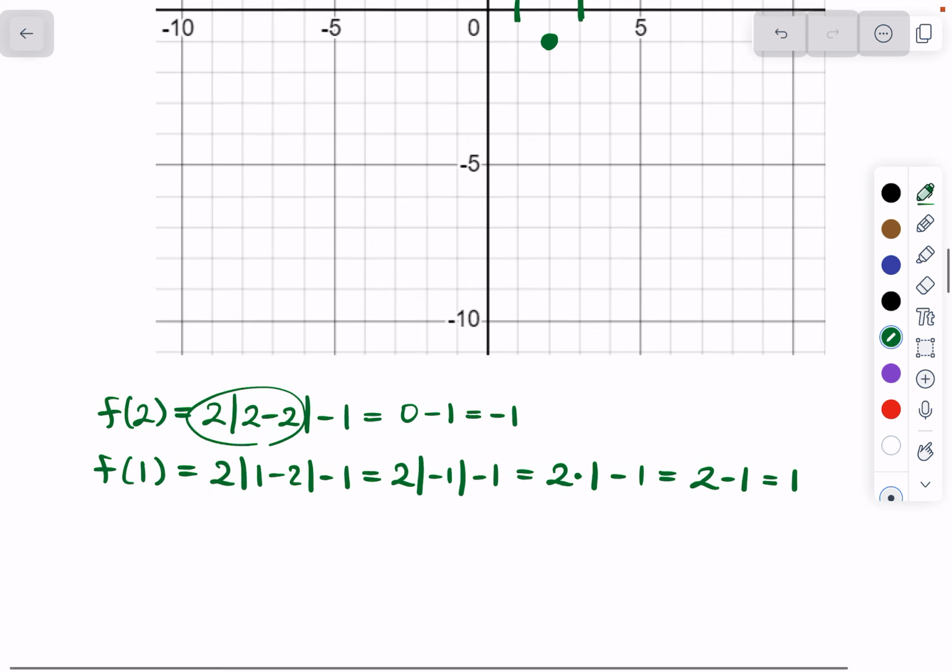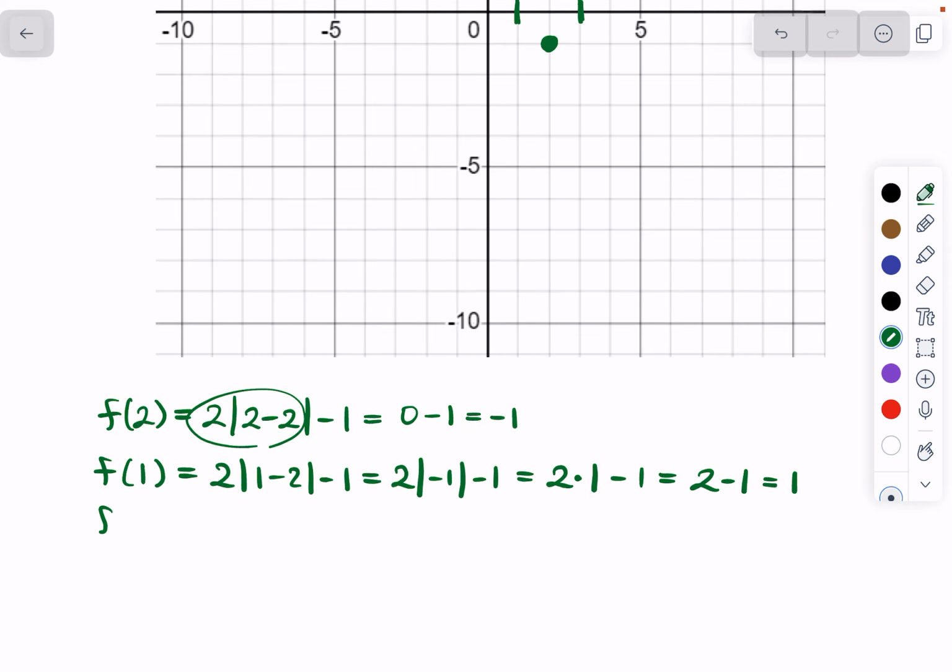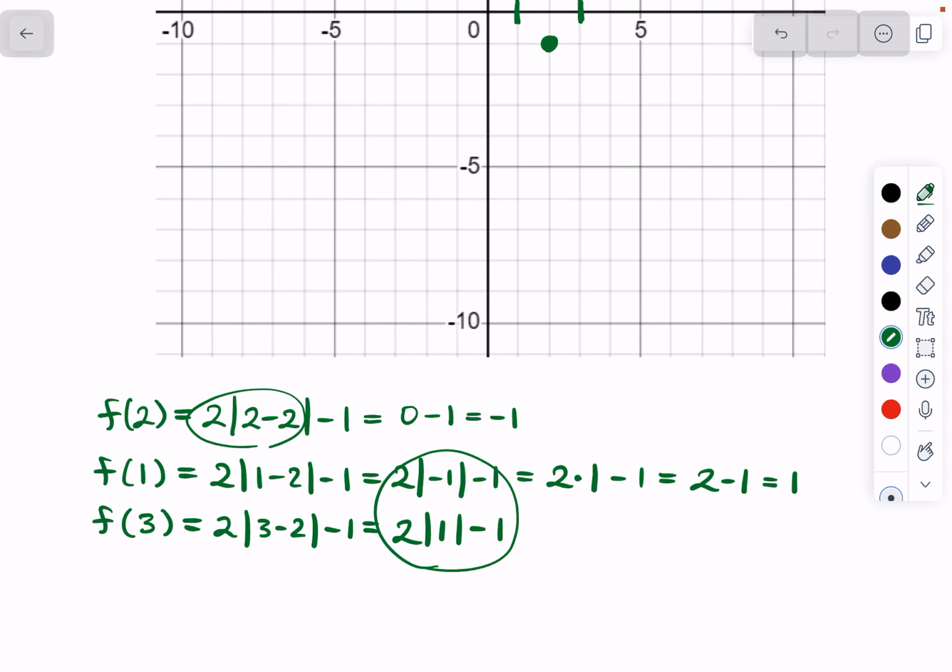I bet you we're going to get the same sort of thing when I plug in 3. So 2, absolute value 3 minus 2, minus 1. We get 2 times the absolute value of +1, minus 1. So notice these two expressions are going to calculate to the same number.